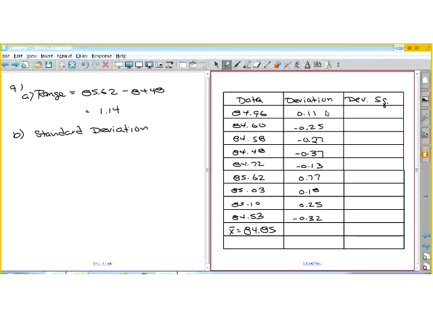Okay, so now what we do is we square these, and they're going to be reasonably small.